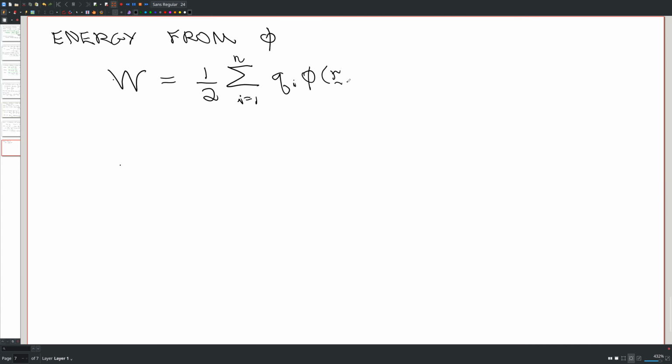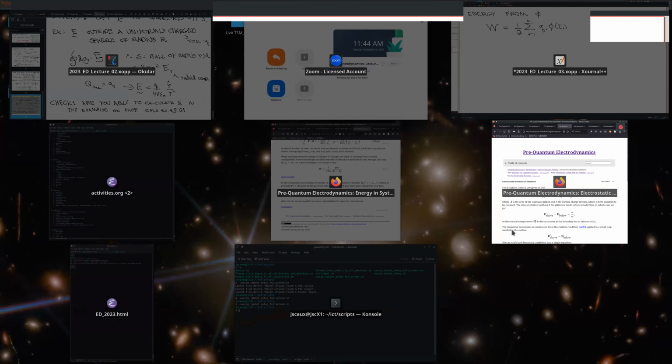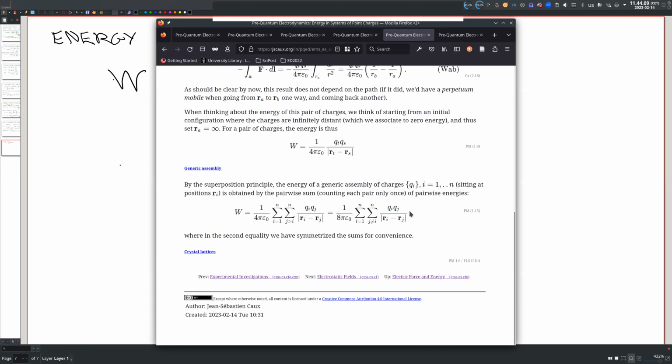So this equation here is exactly the same as this one here. I have simply identified the sum over j different than i of qj over the distance r_ij times 1/4 pi epsilon 0 as phi at the position ri where qi sits. It's the same thing. You can derive it from scratch if you want, but you have it here.